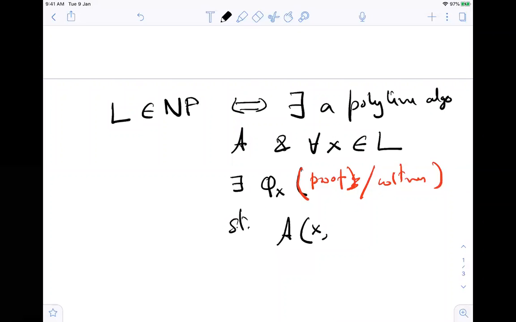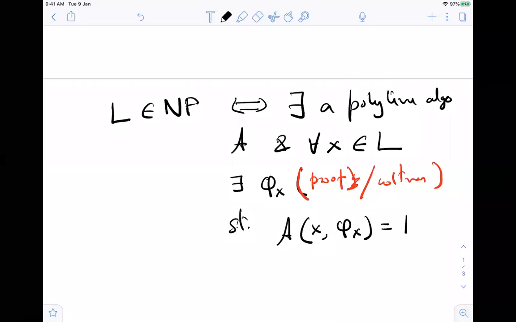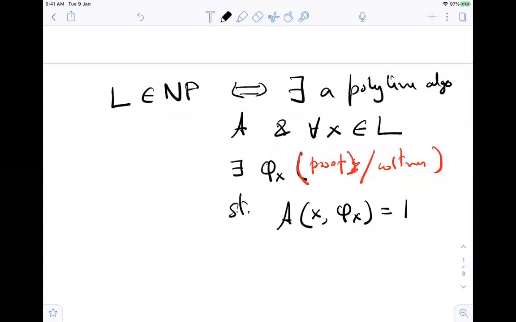Okay. A of X and phi of X is 1. Yeah, so this is two statements.